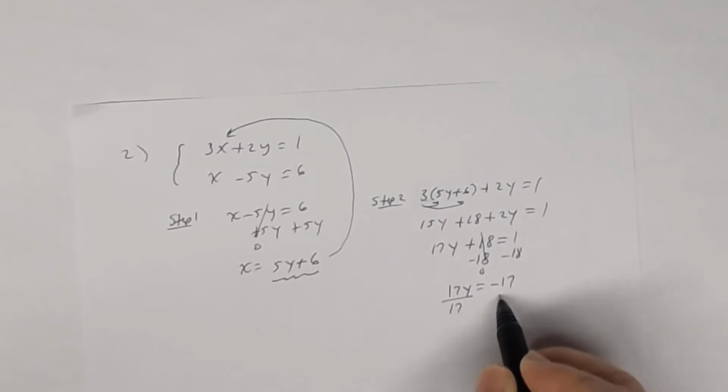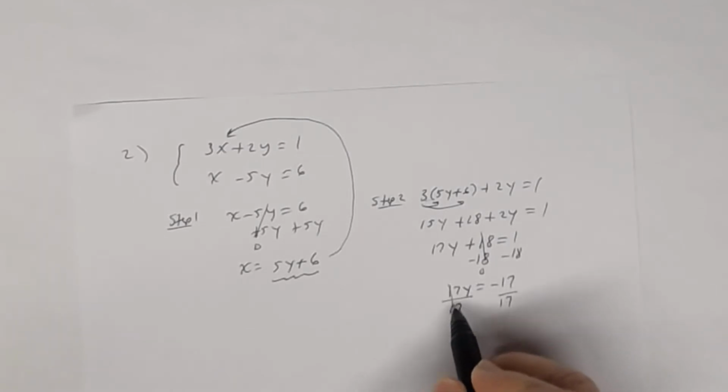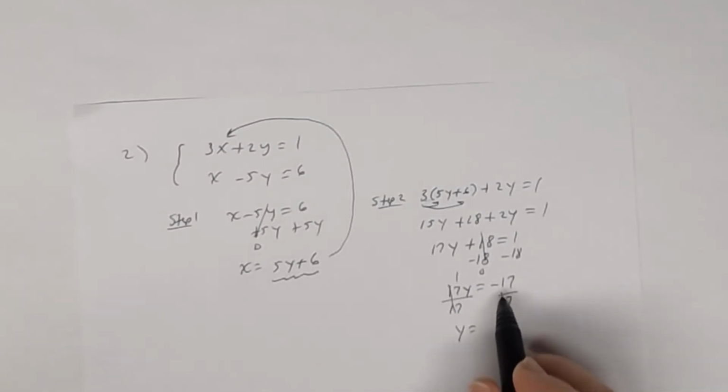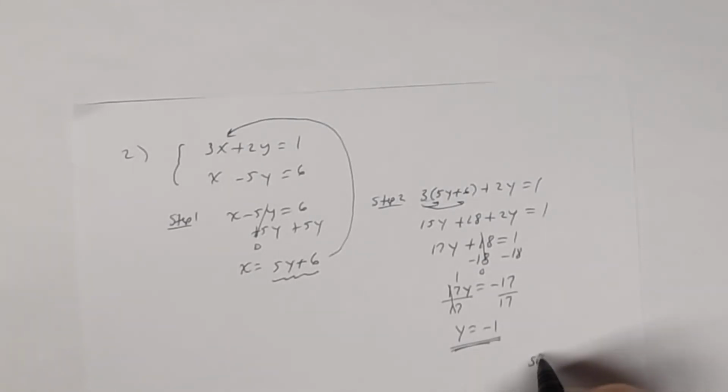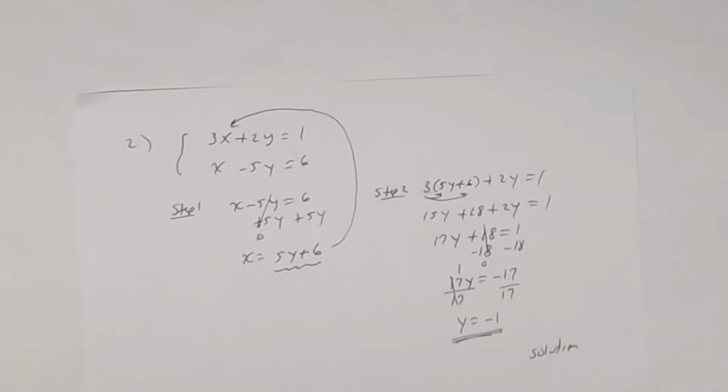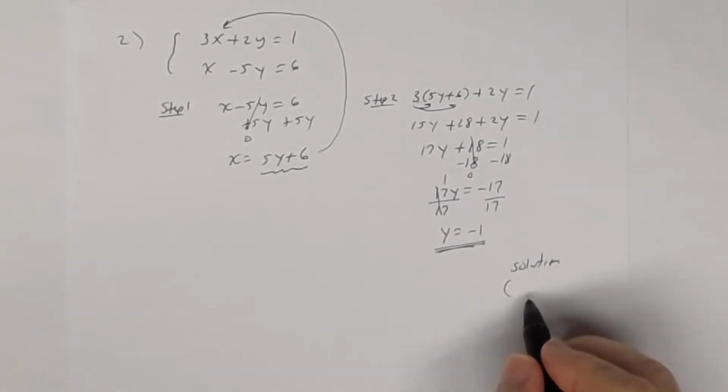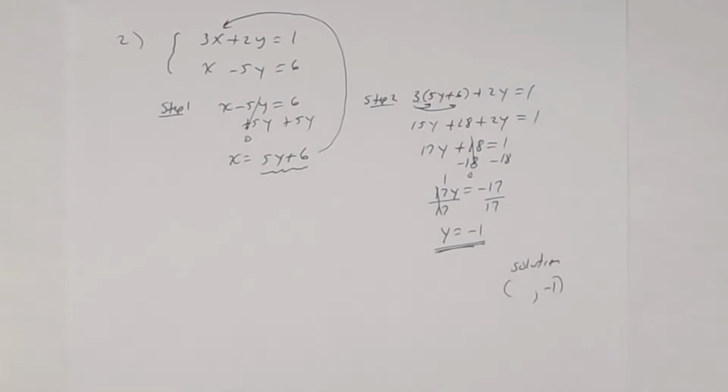Dividing both sides by 17 to get y by itself, y equals negative 17 divided by 17, which is negative 1. So I found the y-coordinate of my solution. The y-coordinate of my solution is negative 1.